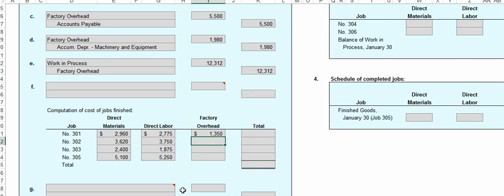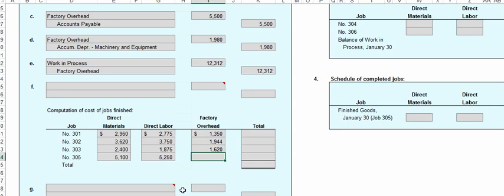Gives us $1,350 of overhead on job 301. 302 is 36 hours times our $54 rate, so it's $1,944 of factory overhead on job 302. 303, 30 hours times our $54 rate, $1,620.